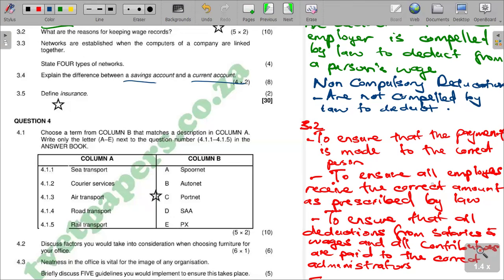So it's a contract between the insured and the insurer, whereby the insurer will pay for any damage suffered by the insured as a result of a specific incident. That's what you call insurance.